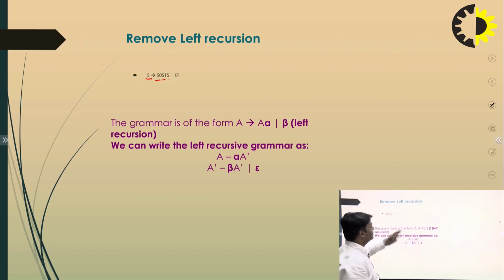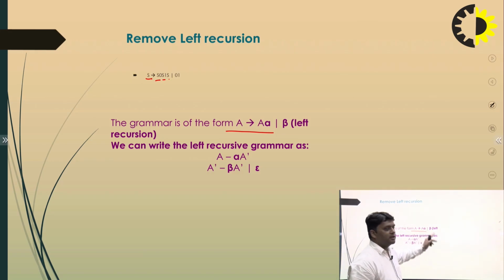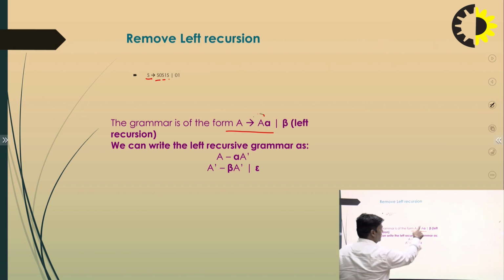Here we have to remove left recursion with the help of the following. If A implies A alpha, a non-terminal deriving itself followed by a symbol, then we have to remove left recursion.